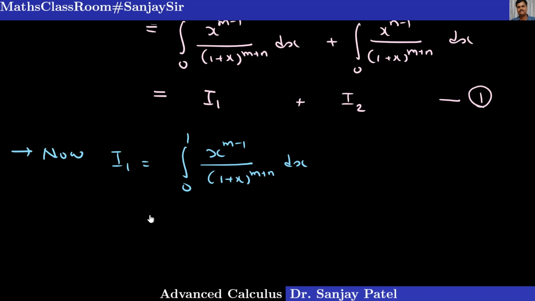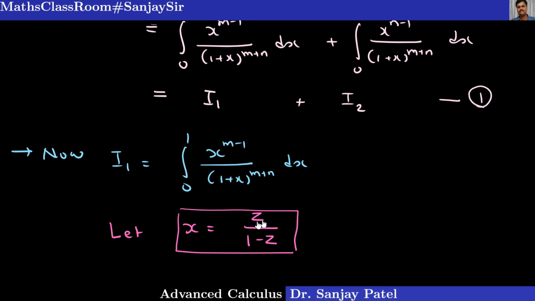This I want to change into a new variable by taking a substitution like this. So let us take x equal to z upon (1 minus z) as a substitution.